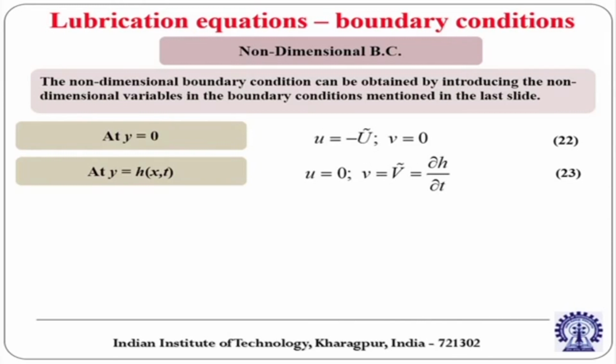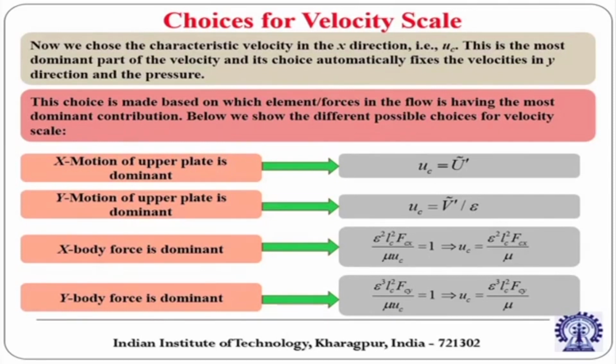So, in the non-dimensional form, the same equations. Now, the choice of scale is very important. If the x motion of the upper plate is dominant, you have to see what the physics is. As I told you, the choice of the scale depends on the physics of the problem.